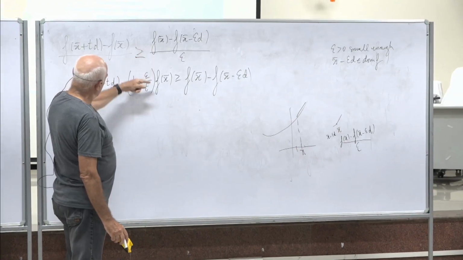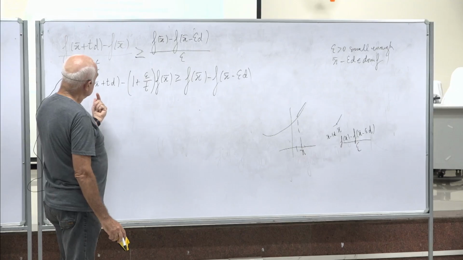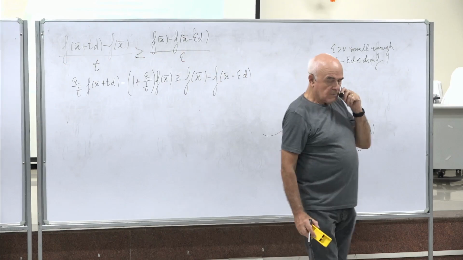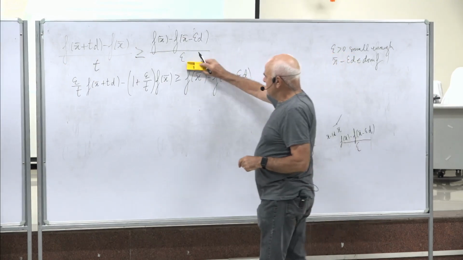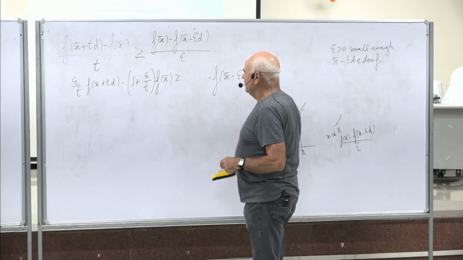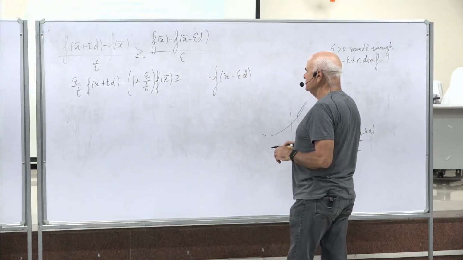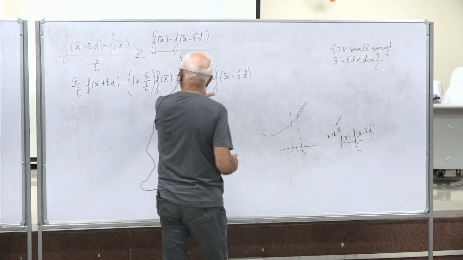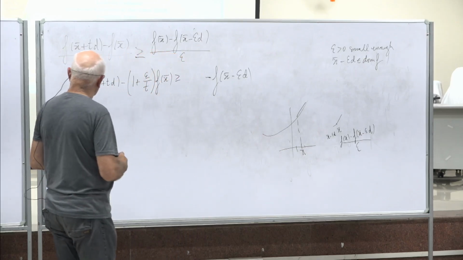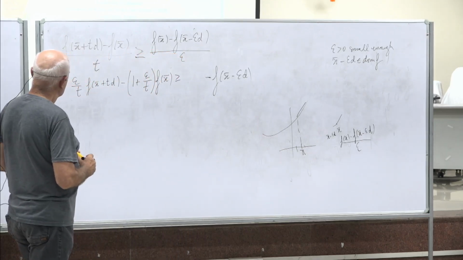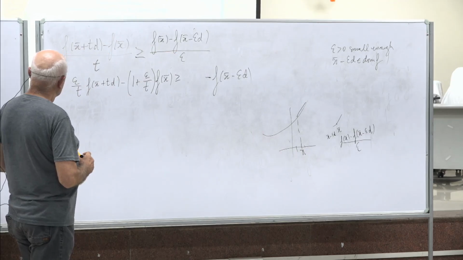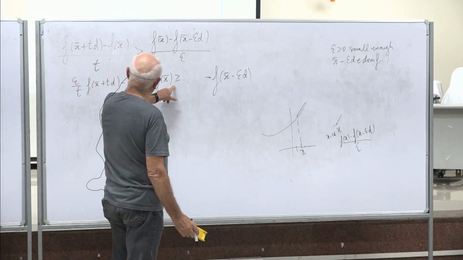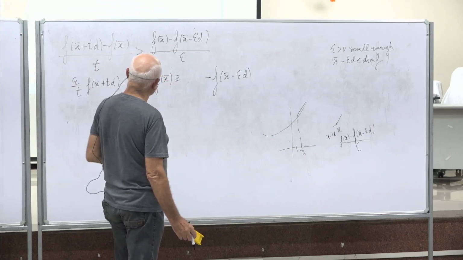And f of x bar also goes with minus. So I think this is correct now. That's absolutely true. Okay. But I don't like this minus sign here. And I don't like this inequality. I should need the opposite inequality.